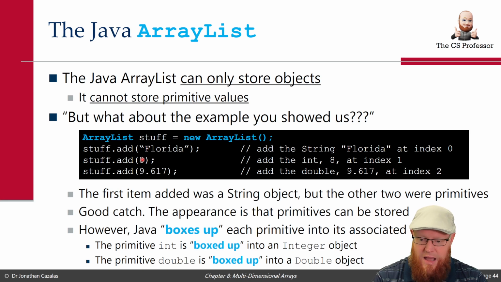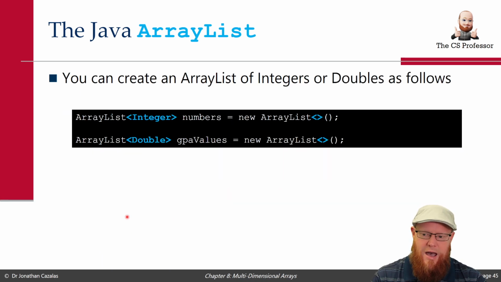This double 9.617 is boxed up and saved into an actual Double object with a capital D. So instead of being a primitive double, it's saved inside this Double object, thereby allowing ArrayLists to store those values, because ArrayLists can only store objects.